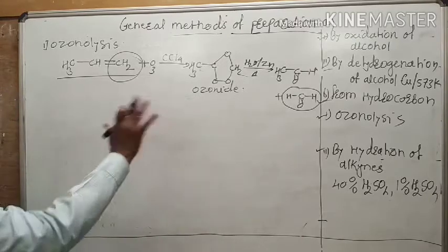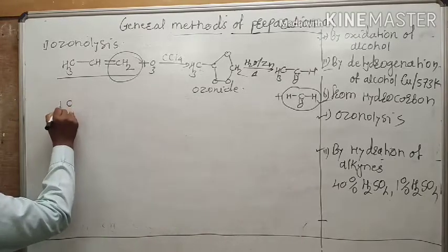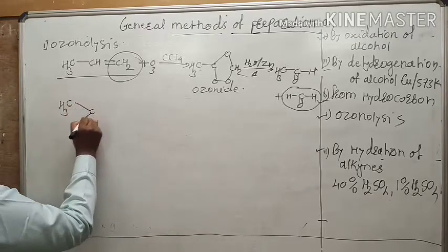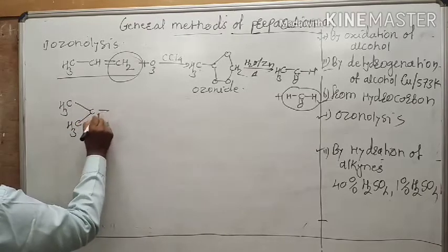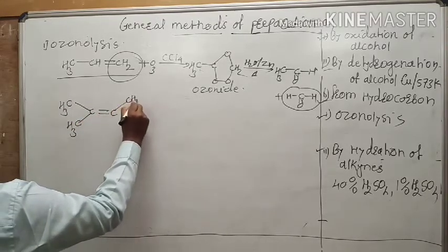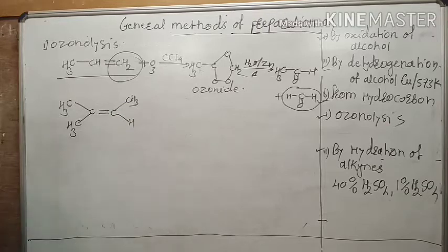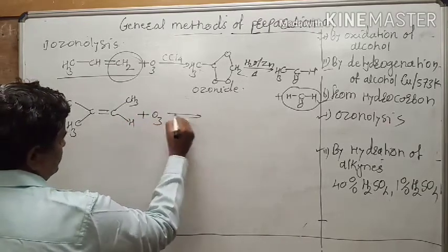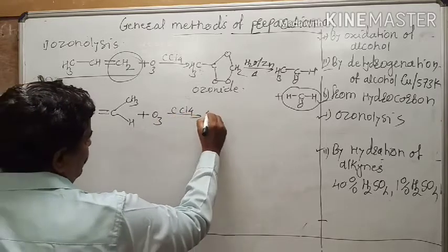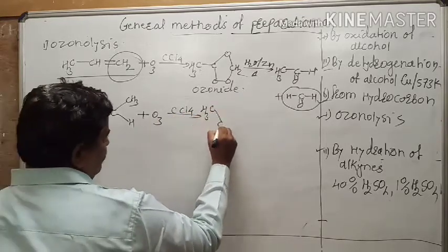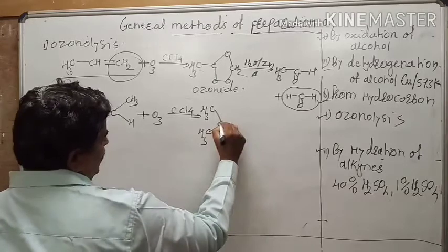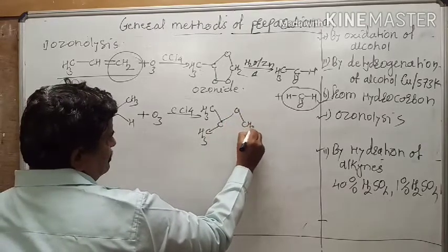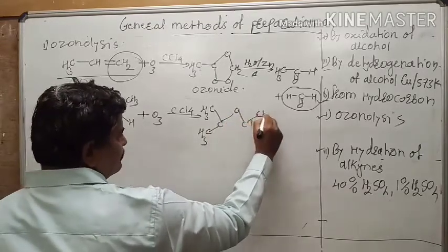So this is very important. If you want to prepare ketone, then you take a substituted alkene. If it undergoes ozonolysis in presence of CCl4 as a solvent, then we will get this ozonide.